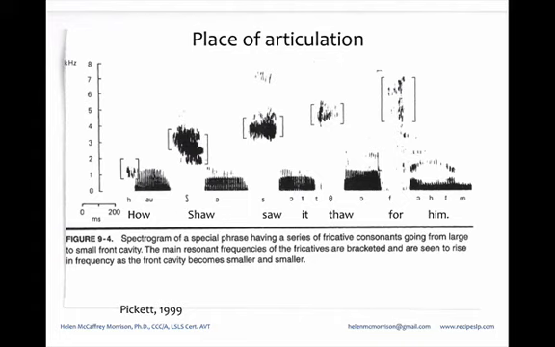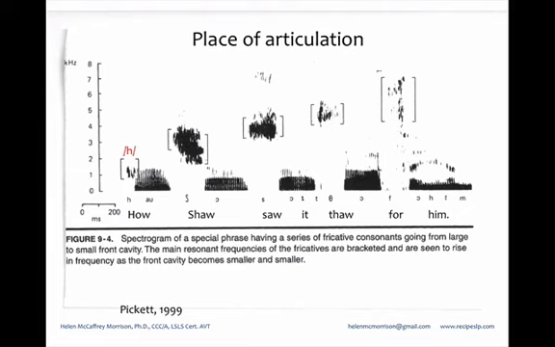Now let's just look at an example of how place of constriction impacts the region of greatest turbulence, of greatest energy in turbulence from front to back. So here we have the phrase, how Shaw saw thaw for him.